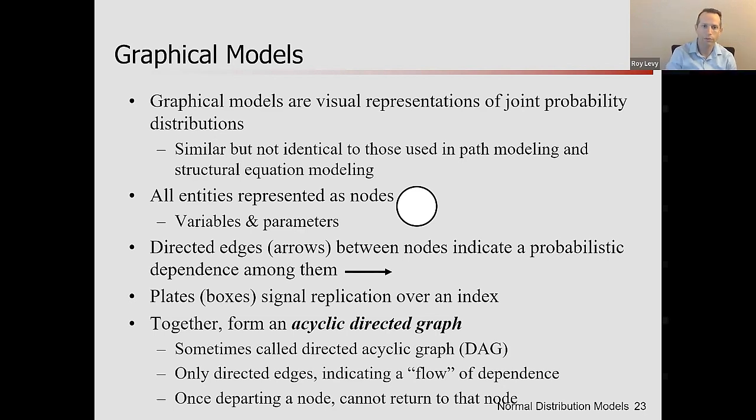And together, these ingredients form a directed acyclic graph. It's directed because it's only one-headed arrows. And it's acyclic in that there is no way of cycling back from where you end to where you start. There is a particular flow because it's all one-headed arrows, but you can't revert back to where you came from before.